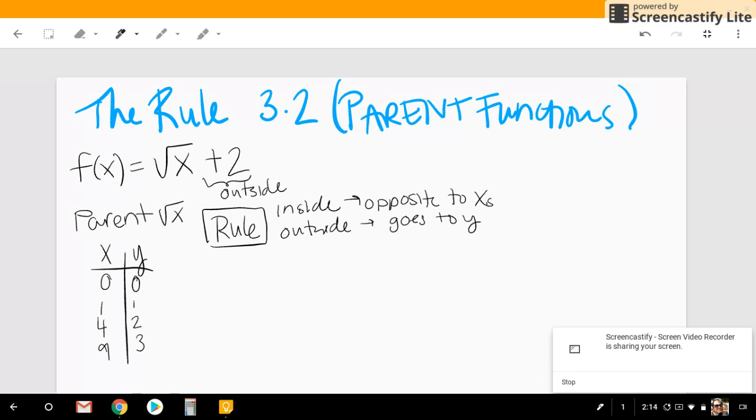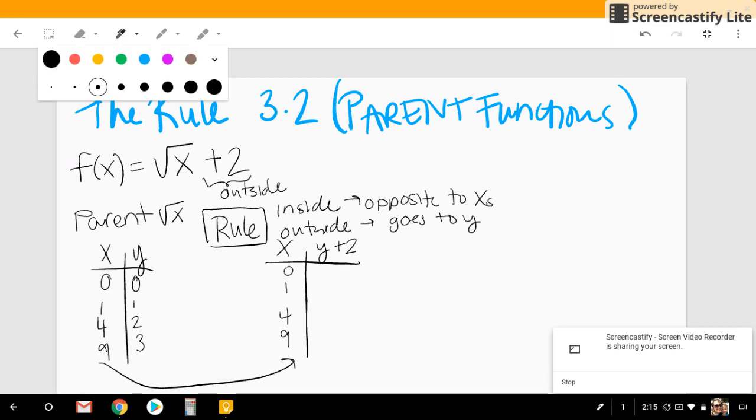So you're going to look at this and think, is something going inside or something outside? The 2 is on the outside, so nothing is going to happen to the x's. The x's are going to stay exactly the same, and I'm going to copy this over: 0, 1, 4, 9. What's happening outside the function is the +2, and that's going to go to the y's.